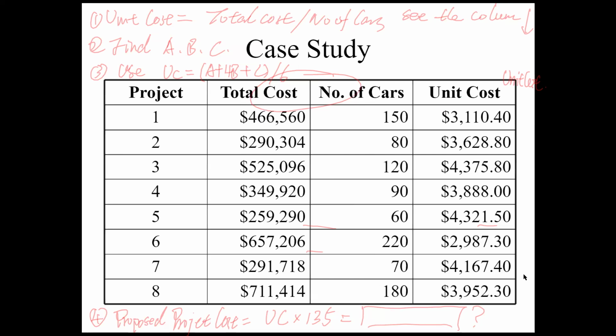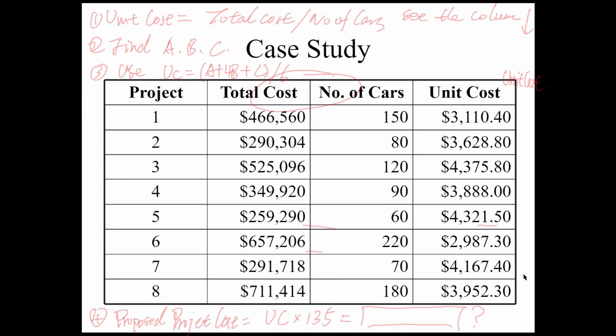Moving to the next slides here, you will see the unit cost for this case. The first one is 3110.40. You get the same number? Yes. Okay. So the second one is 31628.80. Same number?